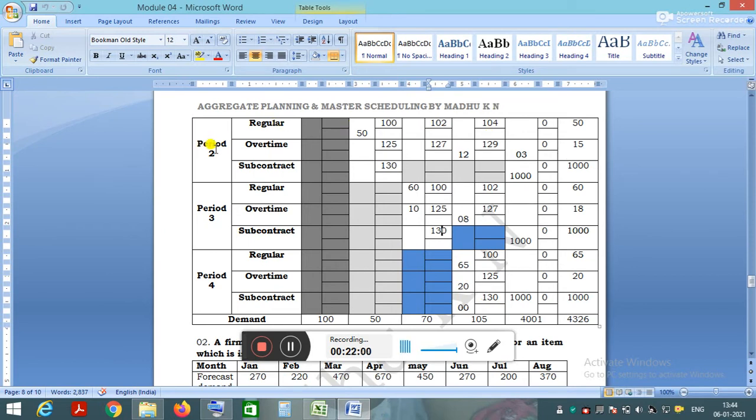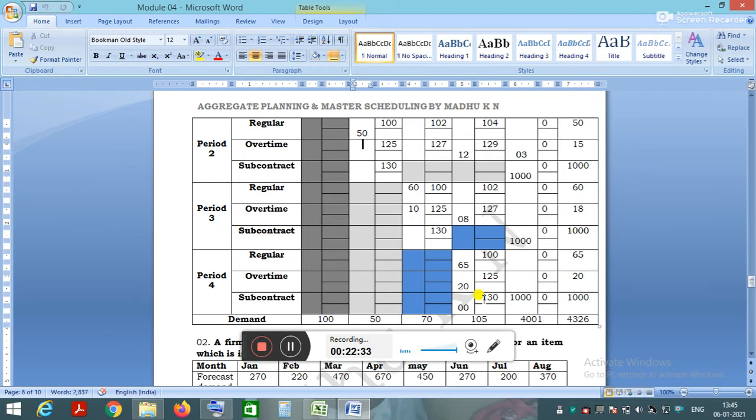If we give them the subcontract, it costs 130 rupees. But we can utilize the overtime of period 2, because in period 2 we have not produced any products, as all the demand is met during regular time itself. Therefore we can produce 12 products in period 2 and store them as inventory for period 4. 125 plus 4, it cost 129 rupees to produce these 12 products, but the subcontracting cost is 130 rupees.